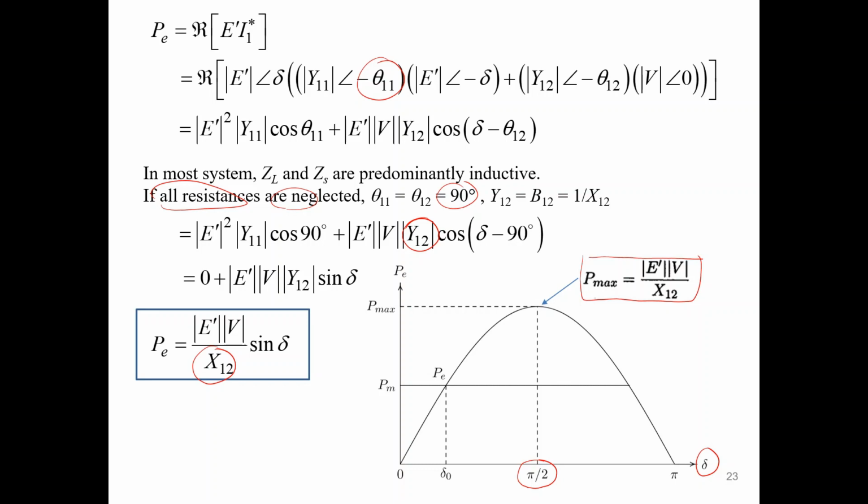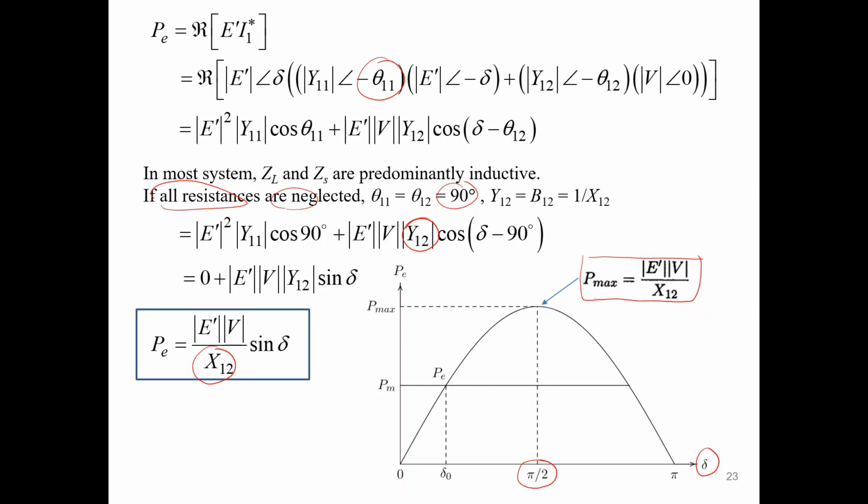And this might be called the stability limit of power systems. Why is it a stability limit? Because if you increase the delta, what does it mean by increasing the delta? It means that your rotor speed will differ from the synchronous rotating frame, right?